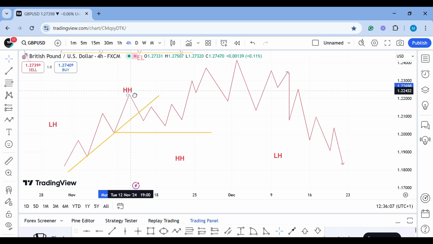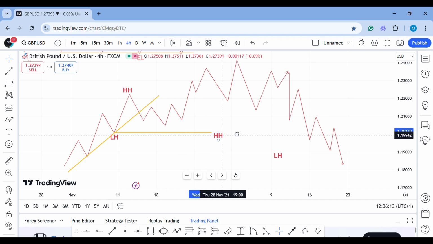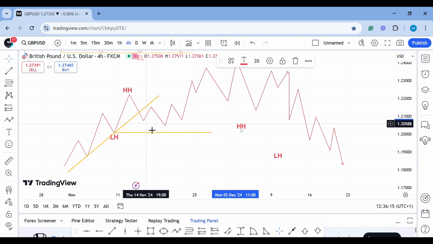This is the higher high, and this is the current lower high. So now the market pushed down, but the market has not broken its lower high. That's what you see. That makes the uptrend still valid, even though it has broken this trend line. The uptrend is still very much valid.